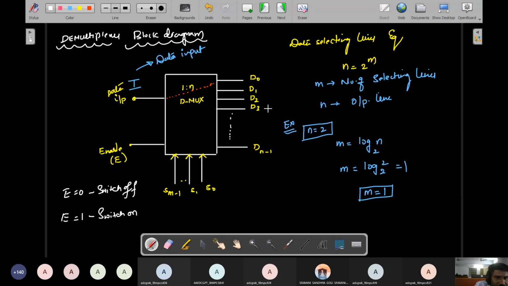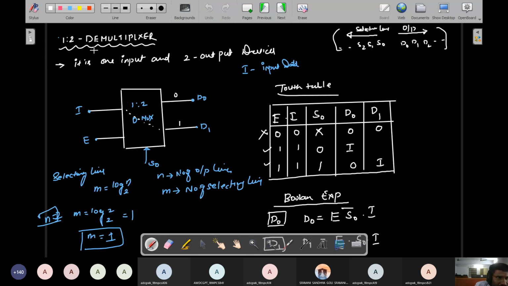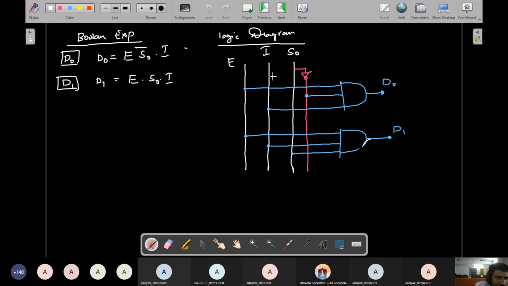For example, if n, the number of outputs, is only two terminals, then by using this equation we get m equal to 1. This is the selecting line, and these are the outputs. First I explained the 1:2 demultiplexer, where using these conditions I got one truth table, then I explained the boolean expressions and, using them, drew the logic diagram.